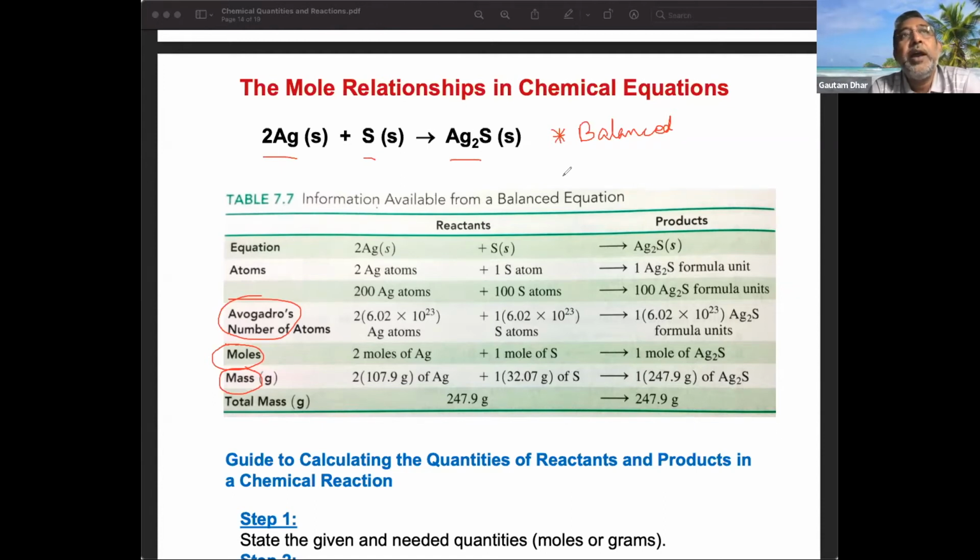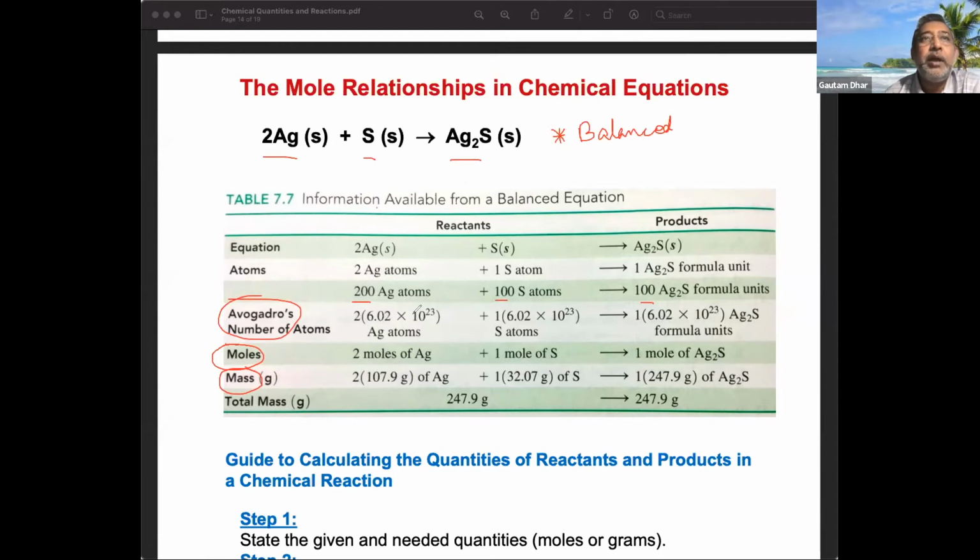Now, if you multiply the whole equation by a mole, which is Avogadro's number, I can multiply it by any amount. If I multiply by 100, then I'll get 200 silver plus 100 sulfur to give 100 Ag2S.